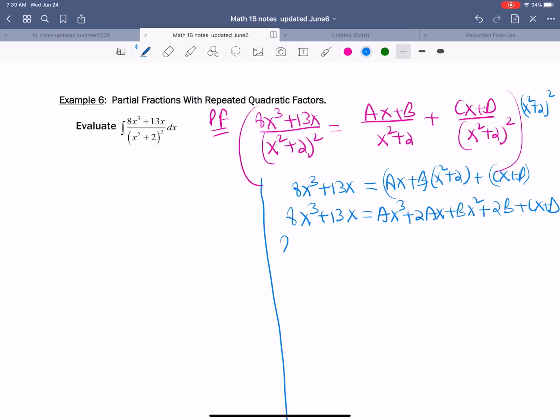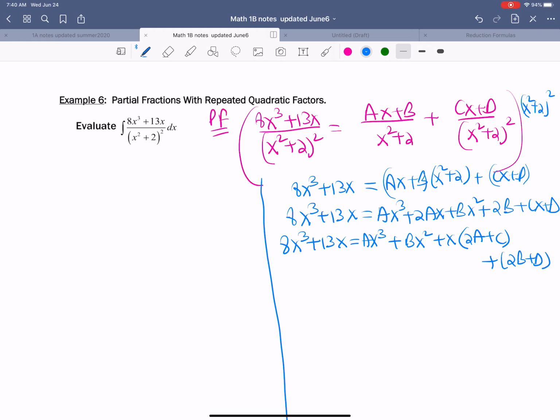Okay, let's combine all the coefficients for x to the third. Looks like it's only a next to the x to the third, and looks like there's only b next to x squared. But with the x, we have several terms. We have 2a plus c next to x, and then we have 2b plus d.